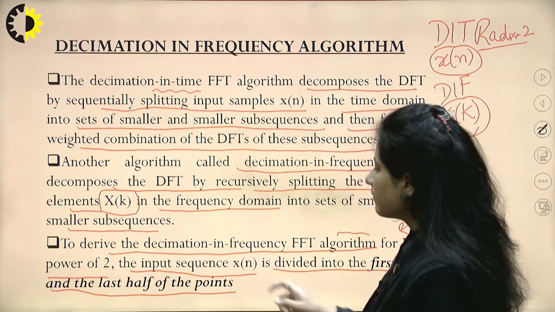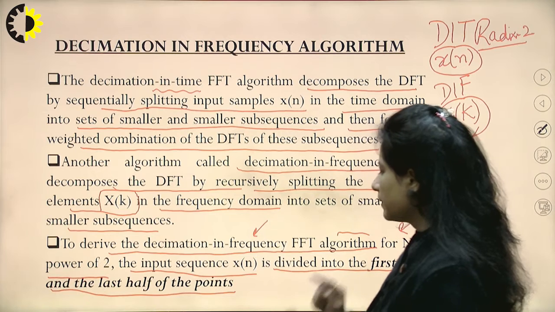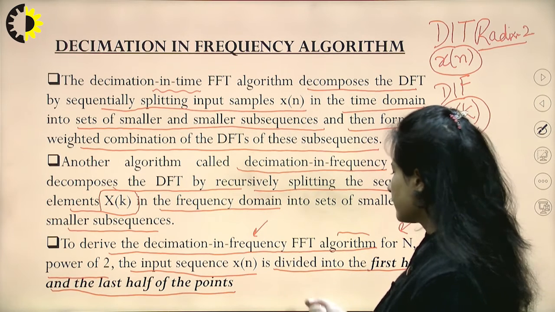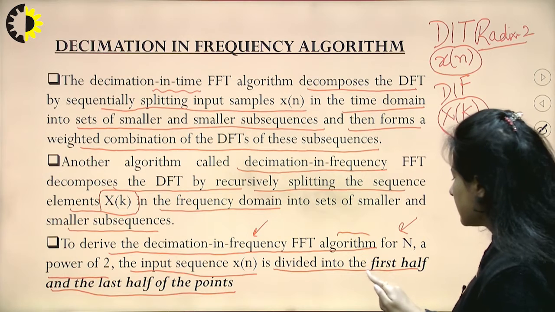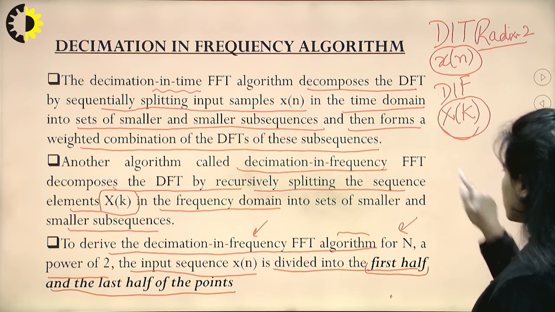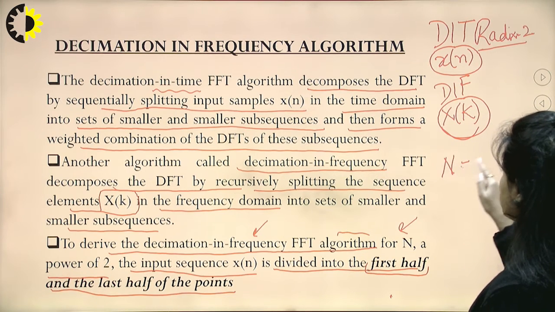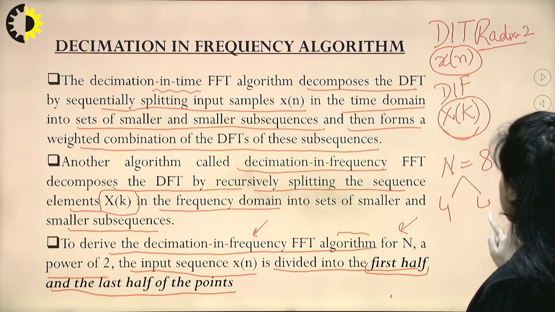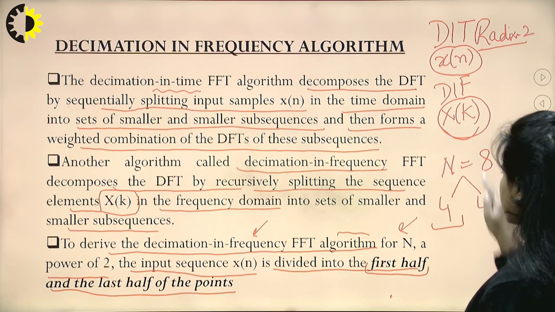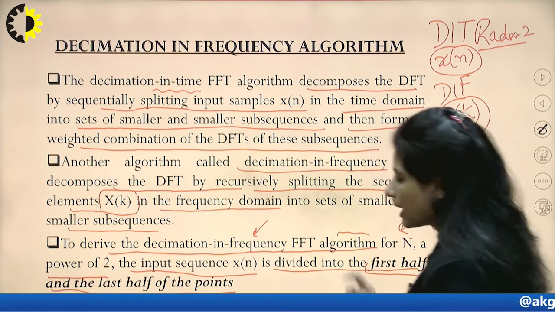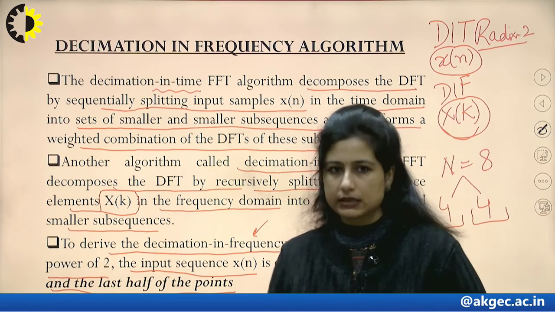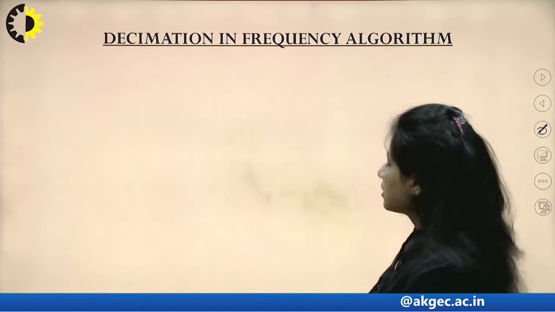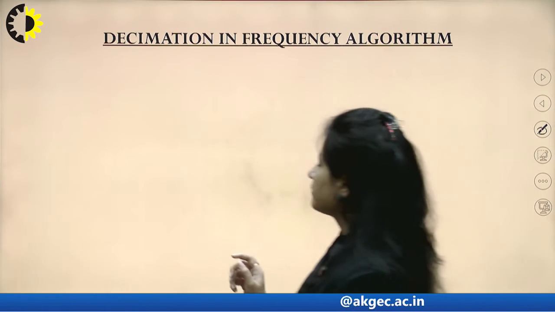But when I start dividing the sequence in frequency domain, I do not consider these points as even and odd. I first divide my sequence into half and half. So if N is equal to 8, I have to divide into 4 and 4. But these 4 would be the first 4 samples and these 4 would be the last 4 samples of the given sequence. So how to proceed for this decimation in frequency?